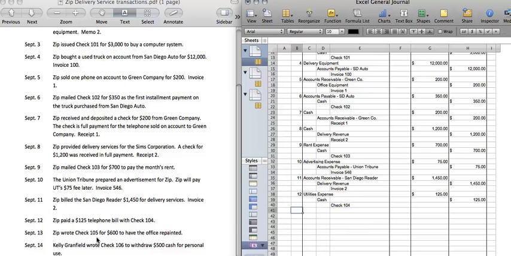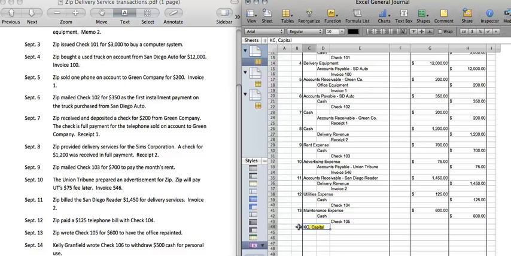September 13th, Zip wrote a check 105 for $600 to have the office repainted. That's going to go under maintenance expense, debit $600, and we're going to credit cash $600 with a source document, check 105. In the last transaction on September 14th, Kelly Granville wrote check 106 to withdraw $500 cash for personal use.